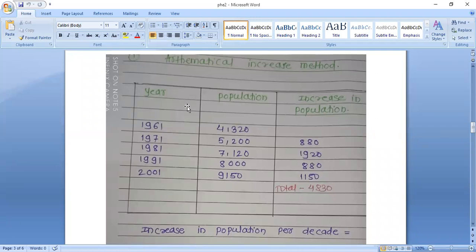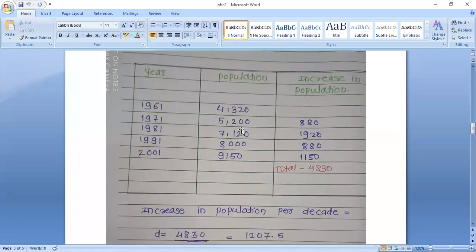For the arithmetic increase method, the first step is we have to calculate the increase in population. How can we calculate the increase in population? The population for that decade or that year minus the population of the previous decade, that is, population of 2001 minus population of 1991.